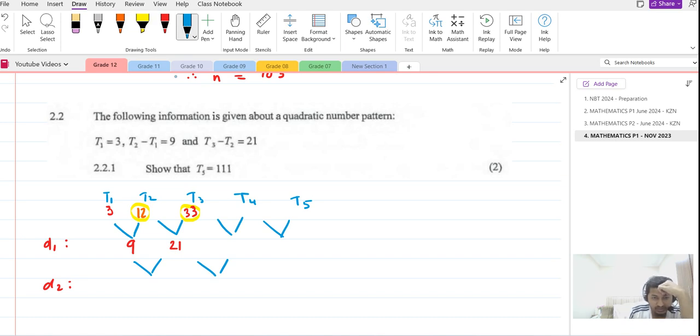So we kind of have a pattern. 21 minus 9, what's 21 minus 9? That's 12, right? So obviously that's going to be 12. So 21 plus 12 will give me 33, because 21 minus 9 is 12.